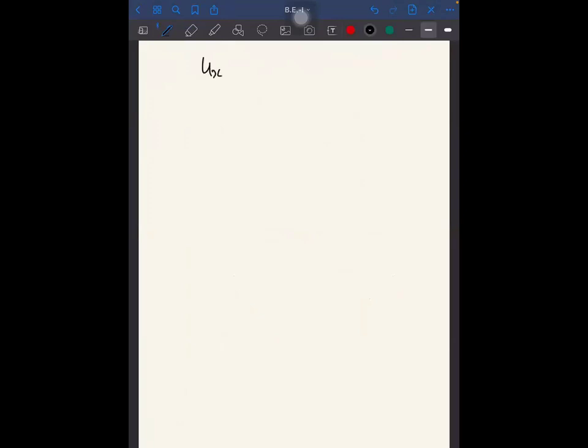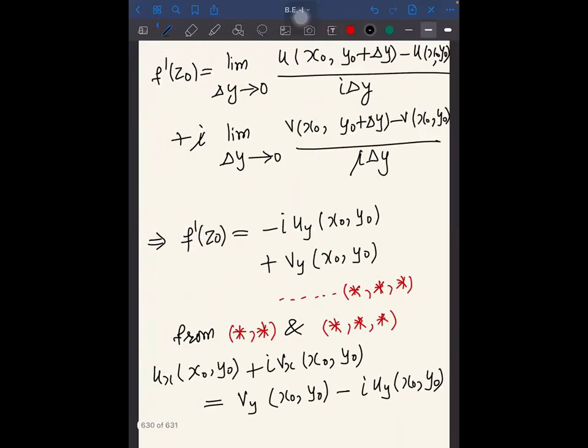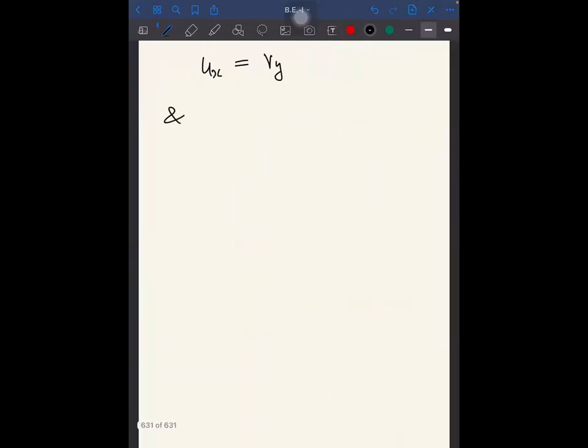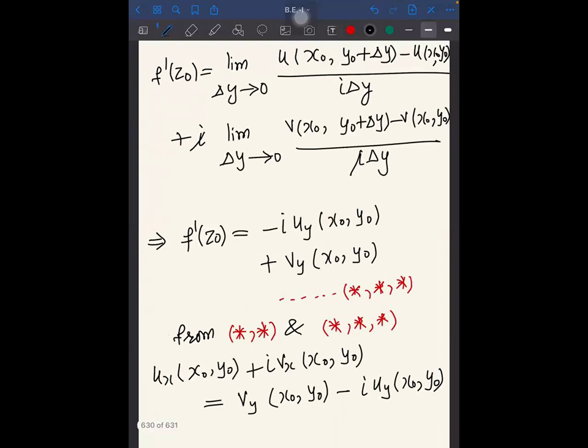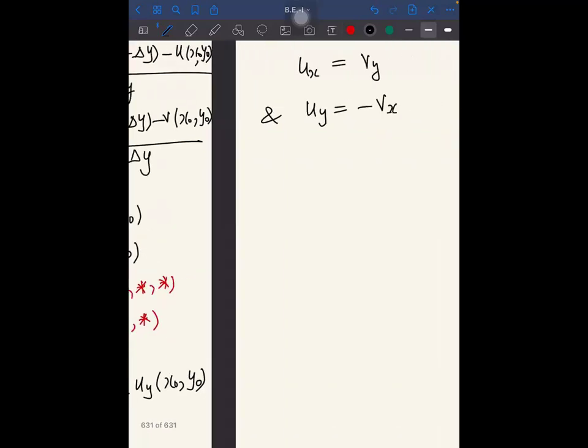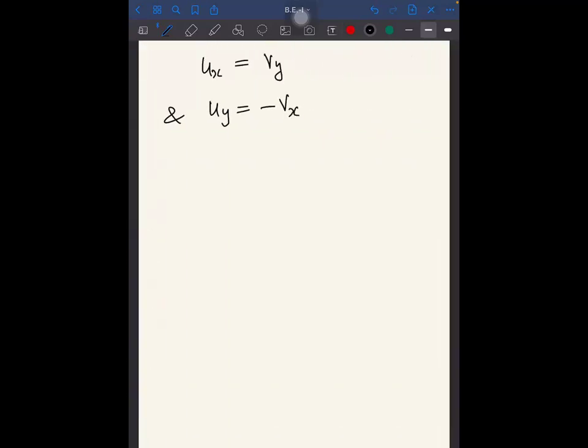So u x should be equal to v y, and here v x should be equal to minus u y, or u y should be equal to minus v x, right? Because we are equating two complex things, the real parts should be the same and the imaginary parts should be the same. So these two equations are called the CR equations.